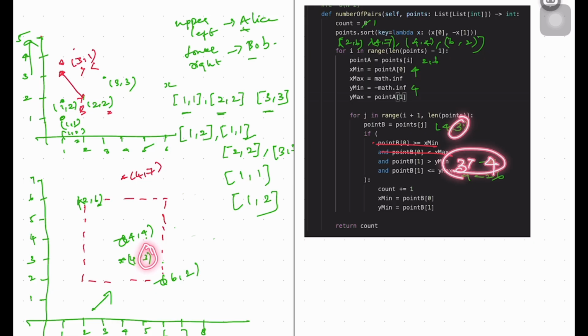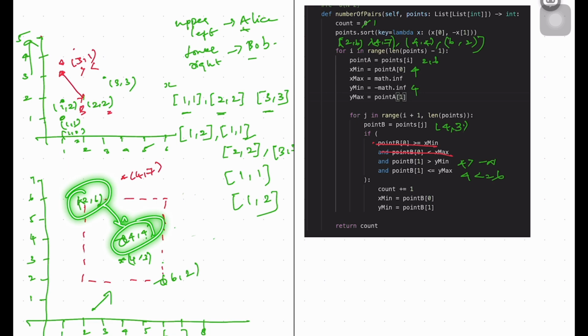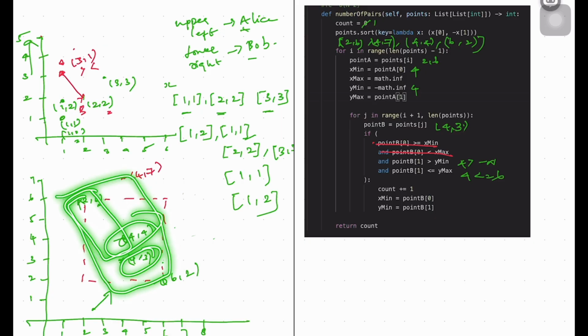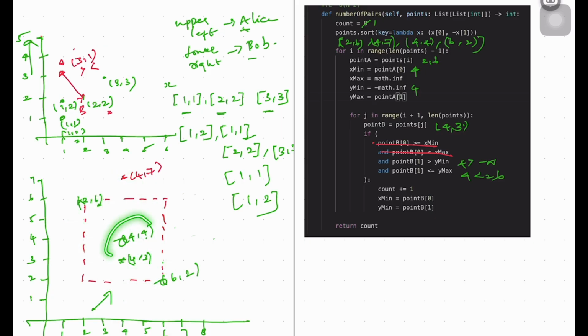No. So now you know something which is greater than this point exists. With this point it already formed a fence. Now if you form this fence, our y min was already updated, right? Now point b of 1 is 3. 3 is greater than 4?